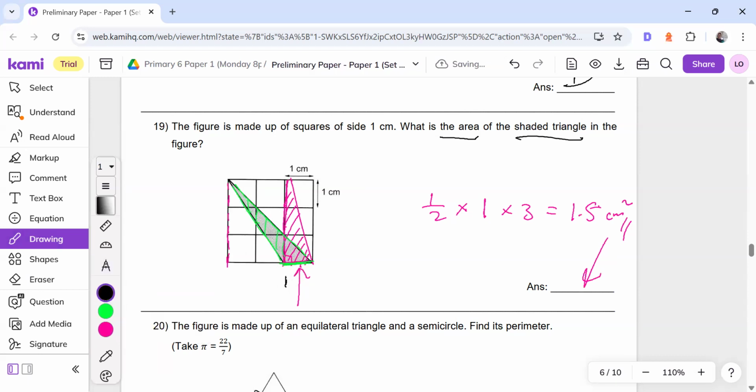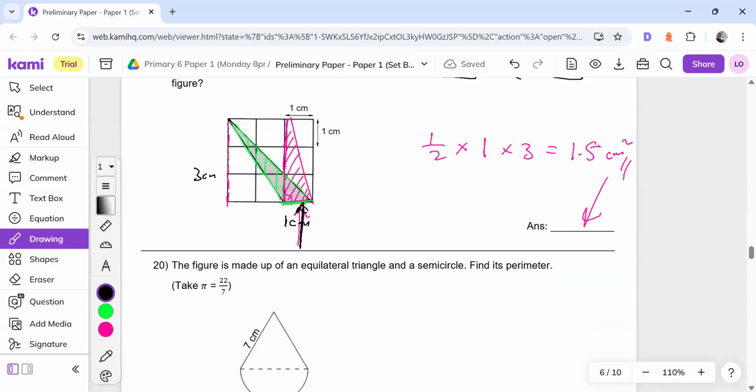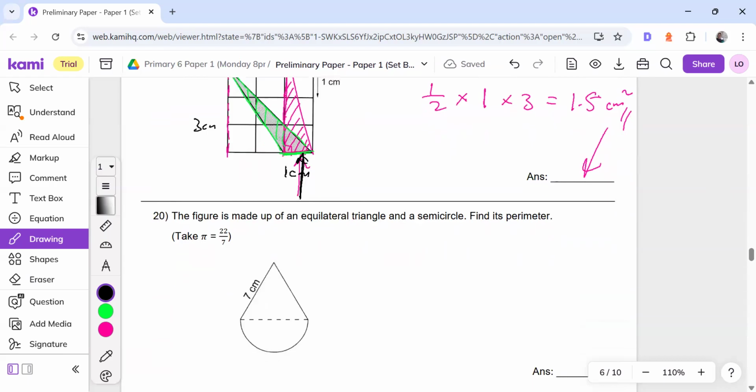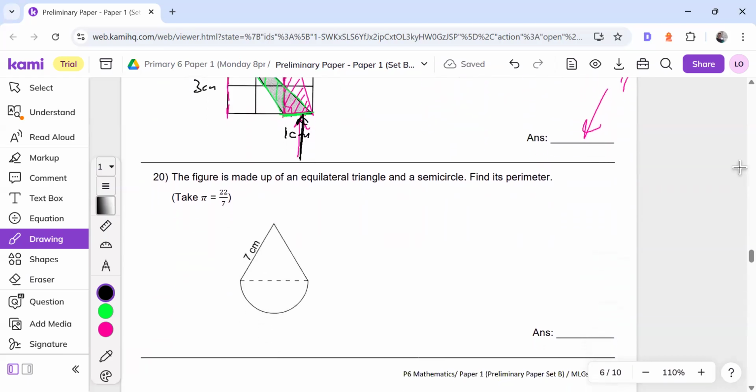Half times 1 times 3 also can. Why did Mr. Ong show you the right angle triangle? It is to revise the method that you're going to use to solve harder problems later on. This is too simple. No need to even draw a right angle triangle.